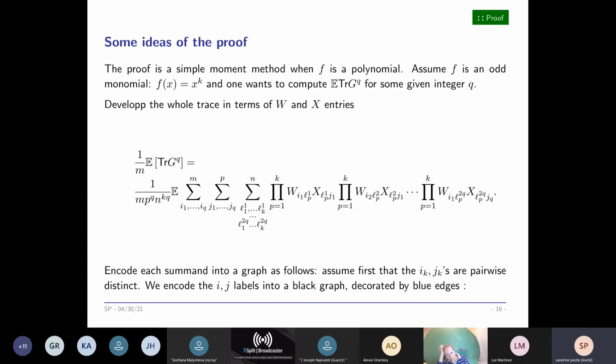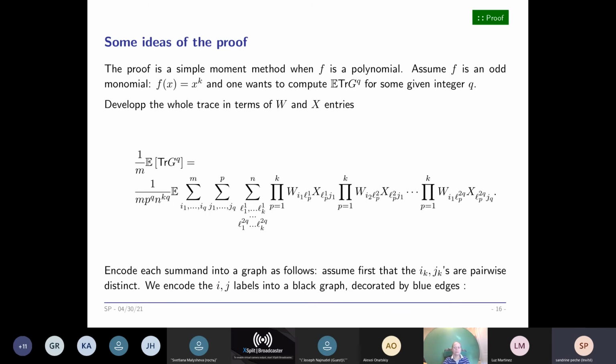And to explain the ideas, I will consider an odd monomial to start and explain briefly how it works in general. So I choose this function, which is a monomial, and then I want to compute the expected value of the trace of G to some power Q.